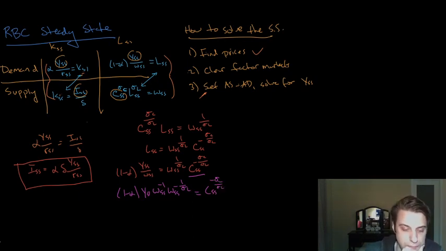I can add these together to get 1 minus alpha YSS, WSS to the minus 1, this is like minus 1 over sigma L. So it's going to be 1 plus 1 over sigma L.